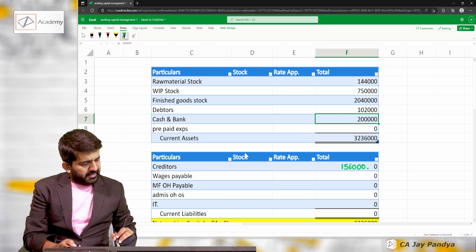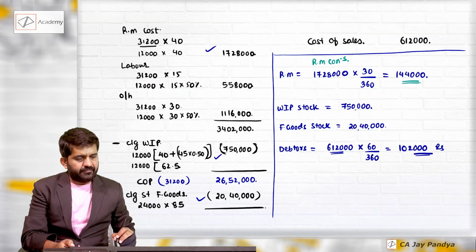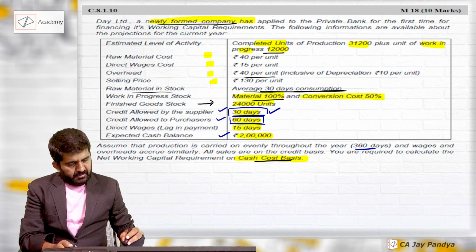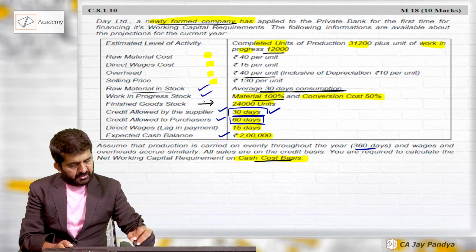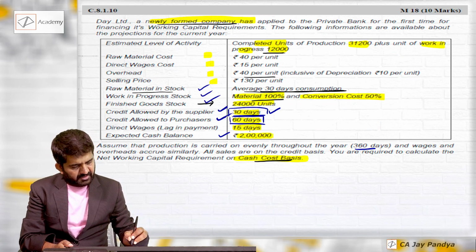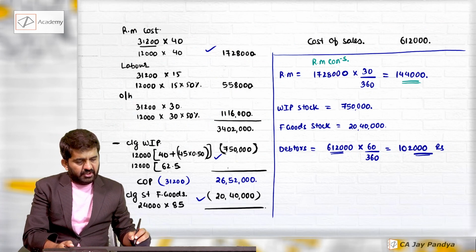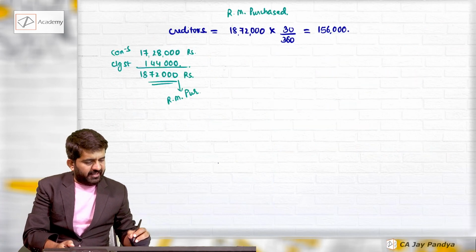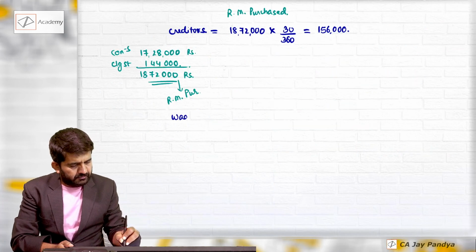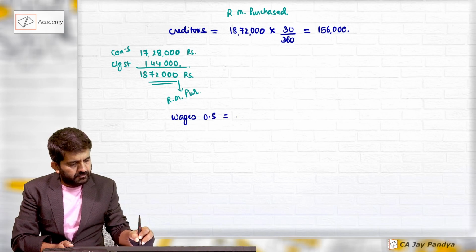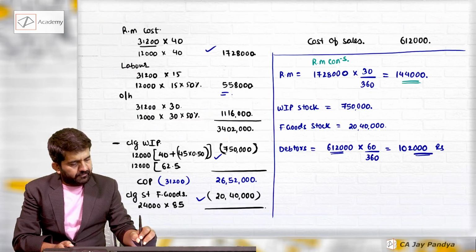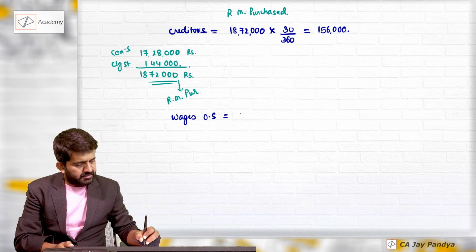I am finding out my current assets and current liabilities. I have taken into consideration direct wages of 15 days. So what is the total wages? 5,58,000.